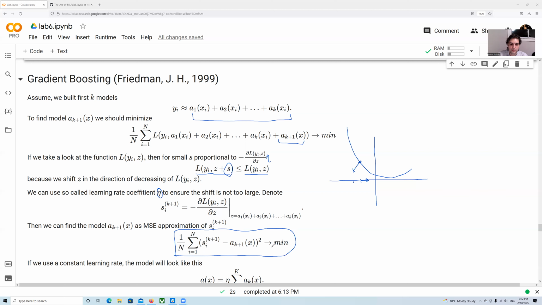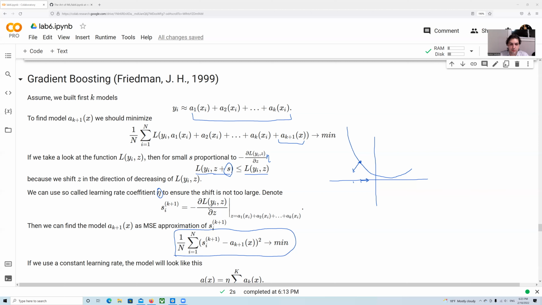And to approximate just in this mean square error sense. As I mentioned, this is the idea of gradient boosting.